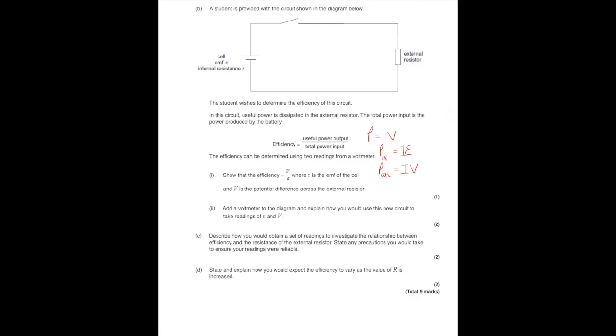That is the PD that was actually available to our circuit. Now, if efficiency is useful power divided by total power, then that's P out over P in. And in that case, we have got IV divided by IE. Our I's cancel, and that leaves us with V over E.